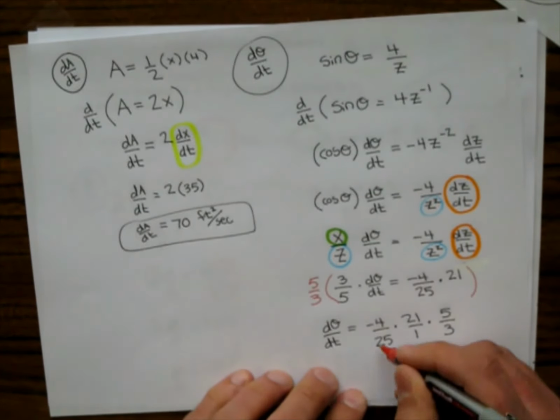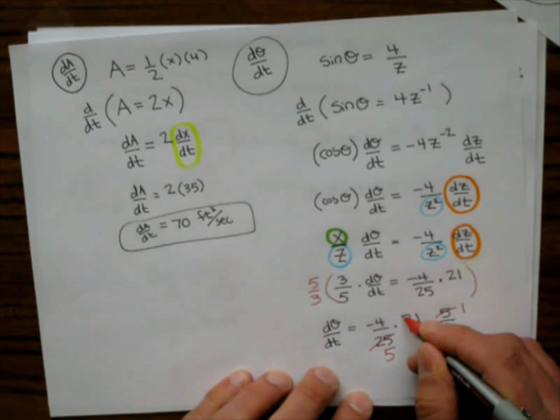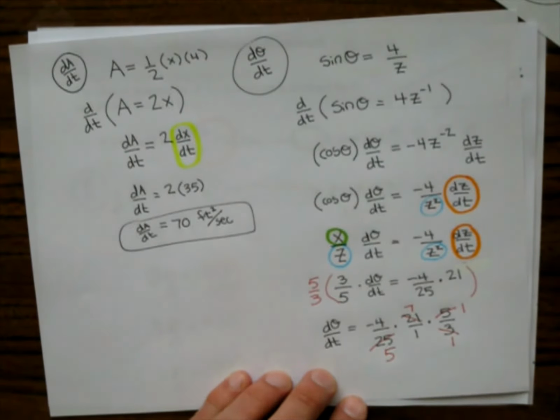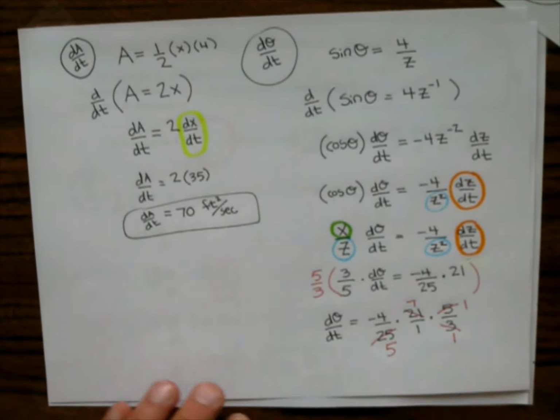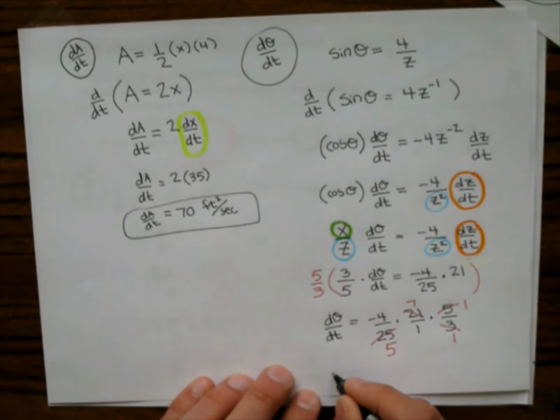Okay, so 5 goes into both of those, and the 21 over 3 is 7 over 1. Looks like my final answer is going to be -28 over 5.